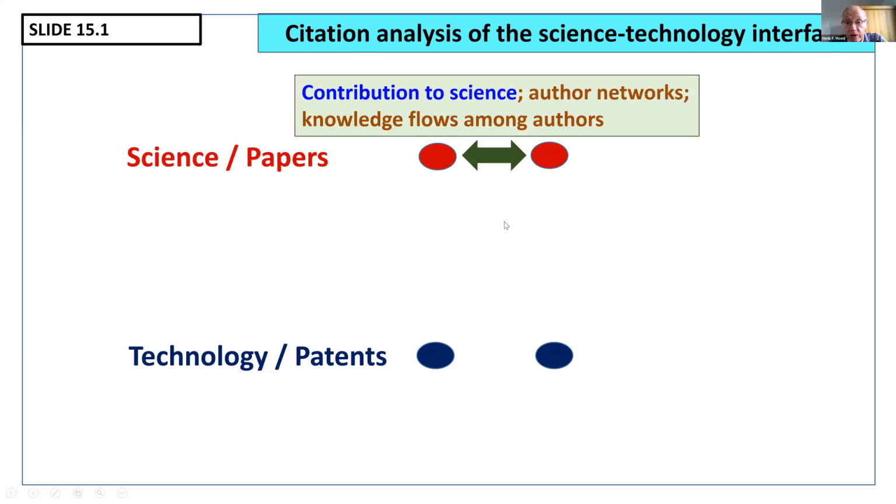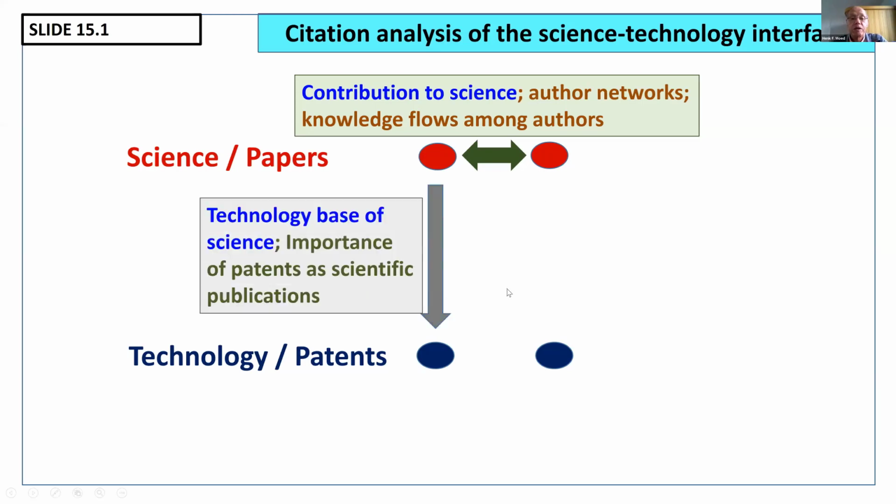And the first aspect we can analyze are citations from papers to other papers. Well, this is what we have discussed in the previous section about Derek de Solla Price Prize. But what is also very important is that one can analyze the way in which science papers cite patents.